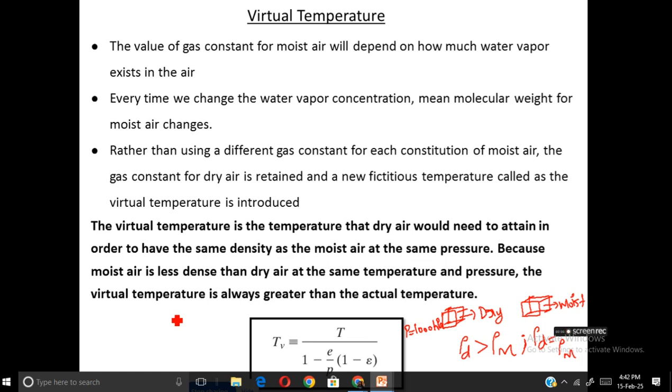Virtual temperature mathematically is given as TV is equal to T by 1 minus E by P into 1 minus epsilon. Epsilon is basically Rd by Rm, the ratio between the specific gas constant of dry air and the specific gas constant of moisture, 287 by 461, which will be around 0.622.